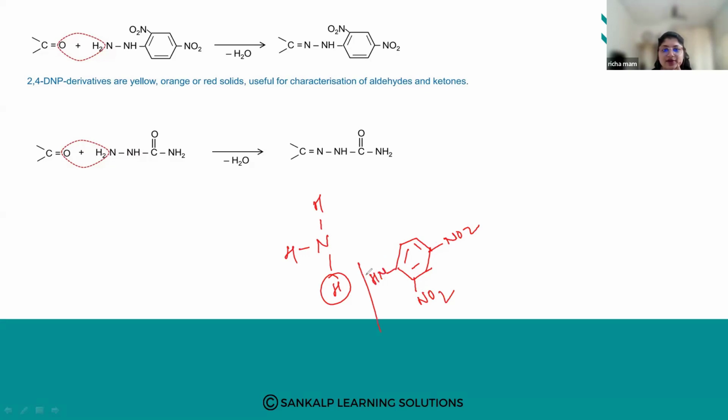When one of the hydrogens is replaced by this particular group, that is 2,4-DNP. So when a carbonyl group reacts with 2,4-dinitrophenylhydrazine, what do you get? You get 2,4-dinitrophenylhydrazone.